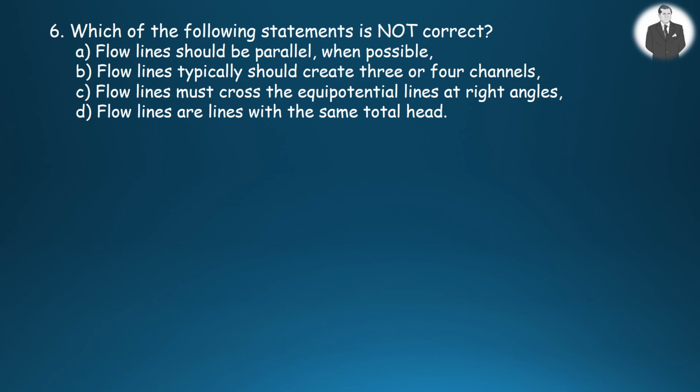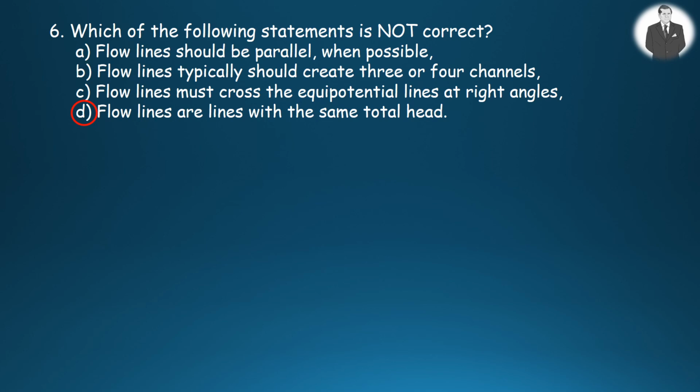Question 6. Which of the following statements is not correct? Which one? D. Yes, the answer is D. Flow lines are lines with the same total head.